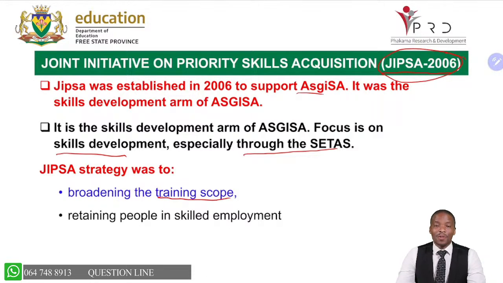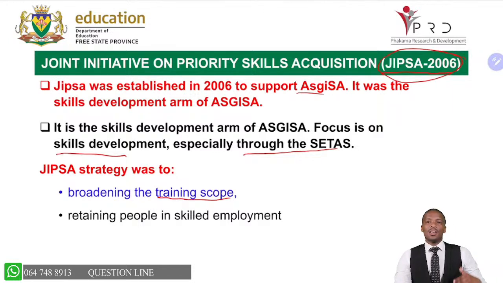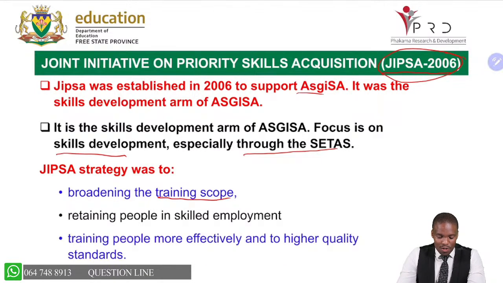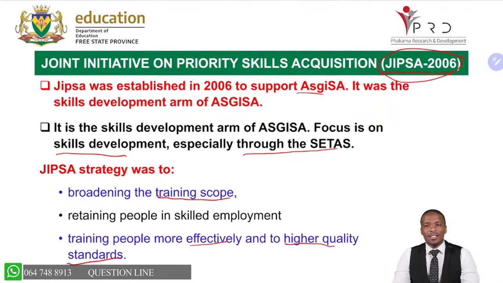To retain people that are skilled in South Africa, rather than after those people getting skills, they go to other countries. But we want those people to be retained in South Africa to promote economic growth and development. Then we also want to train people more effectively and to a high quality standard.